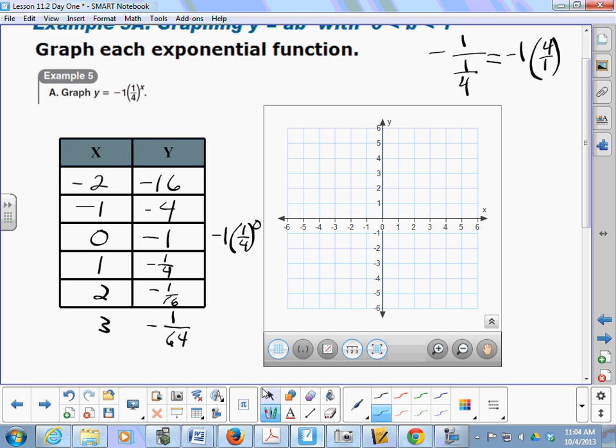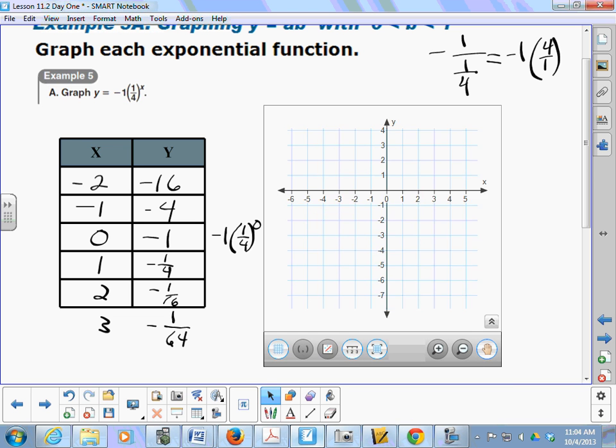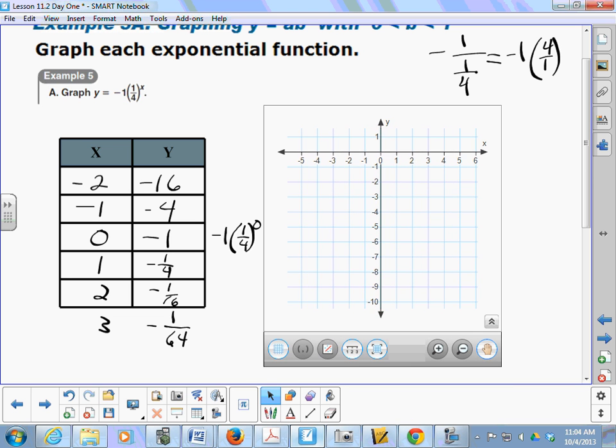All right, so let me alter my window here a little bit. We're not going to be perfect, but we'll be pretty close. I can't put -2, -16 on my graph. That's okay. It's somewhere down here. I understand that. -1, -4, 0, -1, and 1, -1/4.